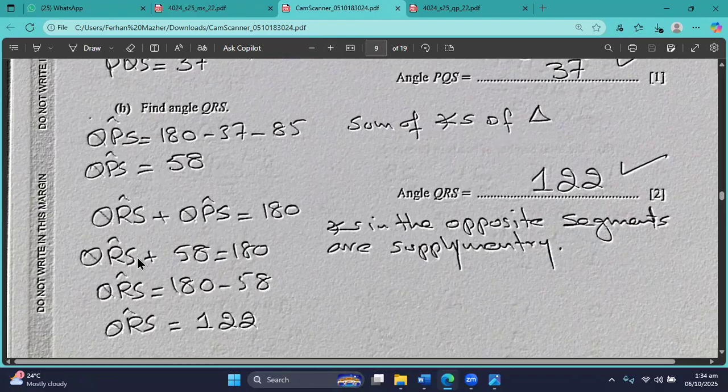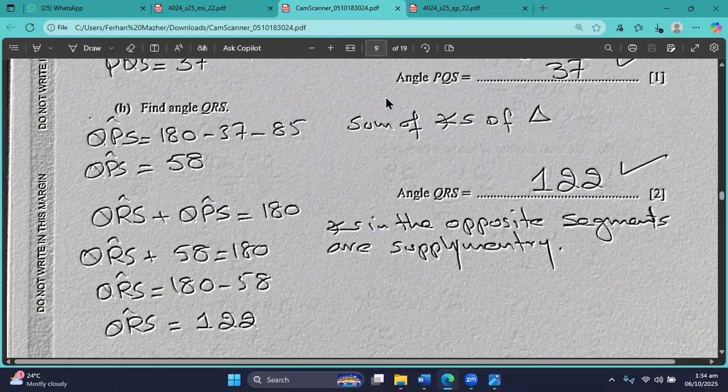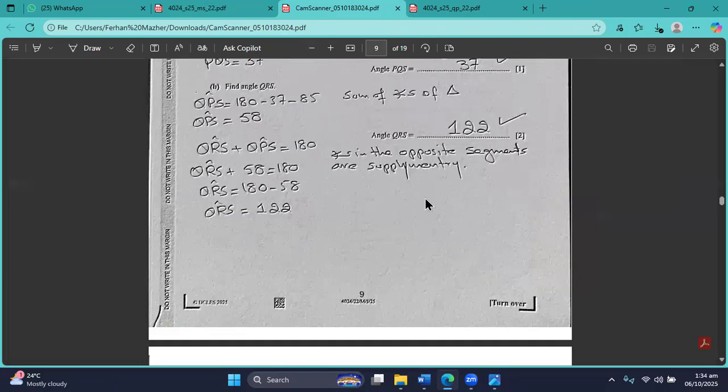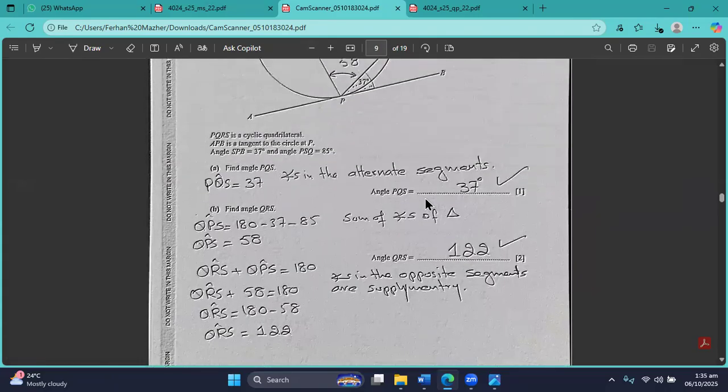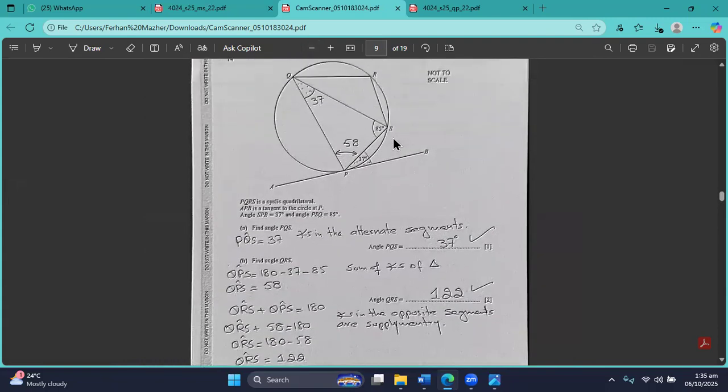So QRS plus 58 equals 180, so QRS will be equal to 180 minus 58. The angle QRS is equal to 122.